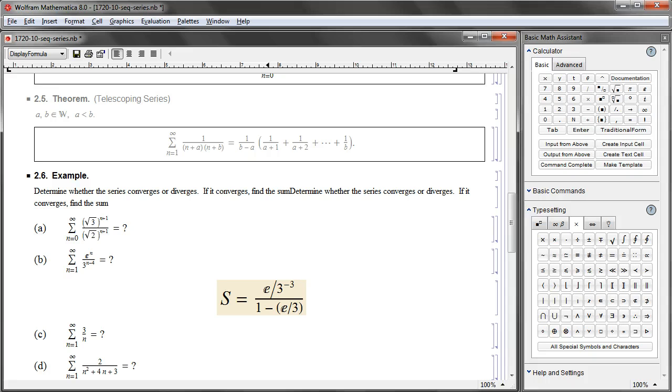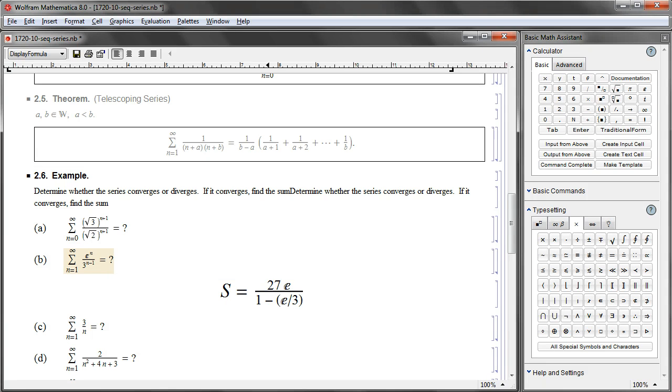So it is positive third power in the numerator. So this will be 27e over 1 minus e over 3, and you can simplify this further if you want to. But let's go back to the original problem.